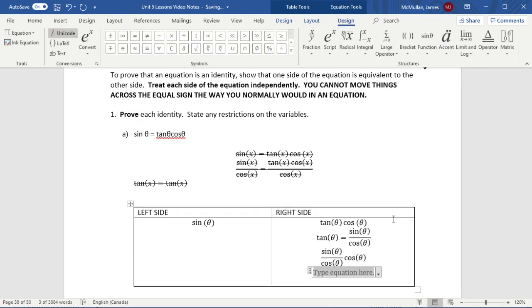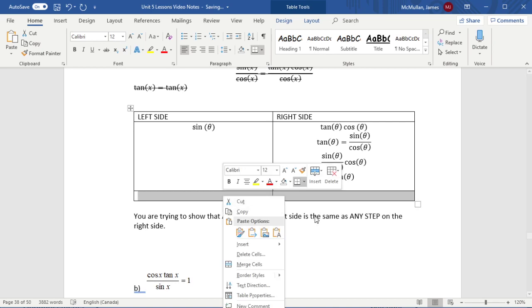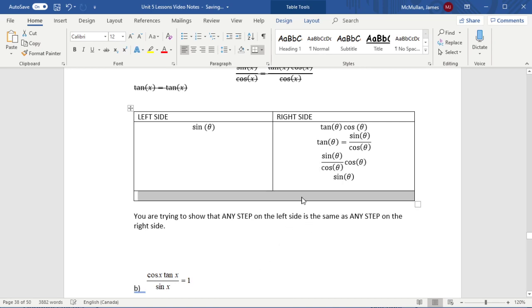The two cos thetas, one is being multiplied, one is being divided, so I get sine theta as an answer. As soon as I see that one step from here is the same as the step from here, I'm finished. And then underneath I say, therefore, LS equals RS, and the identity has been proven true.